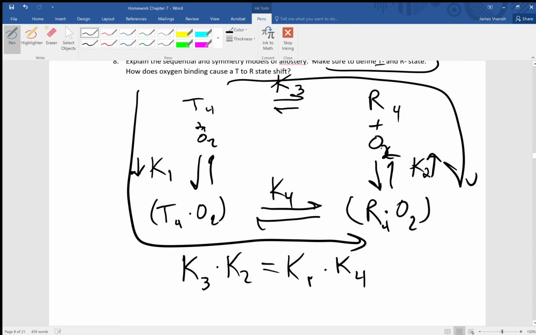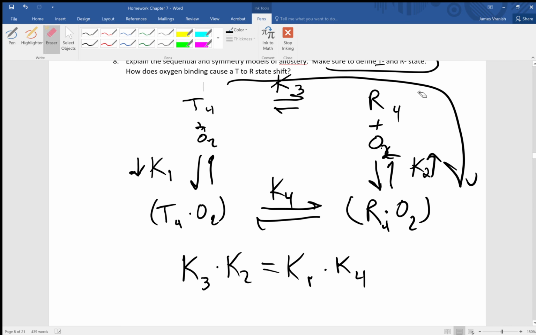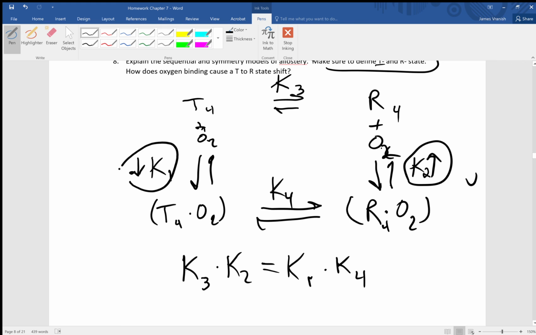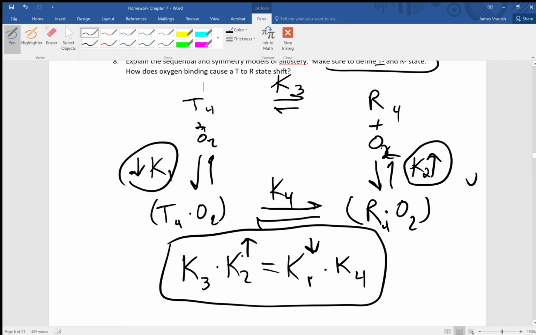All right, now what did we say here about the relative magnitudes of K2 and K1? Well, we said K2 is a very big number relative to K1. K1 is small. Well, in order for this equality to then be preserved, K3 has to be small and K4 has to be big, right?